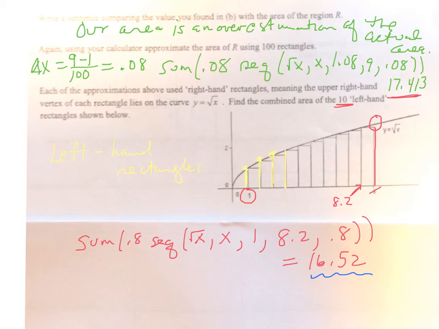On this particular problem, we have an underestimation. So that left-hand rectangle on an increasing curve gave us an underestimation.